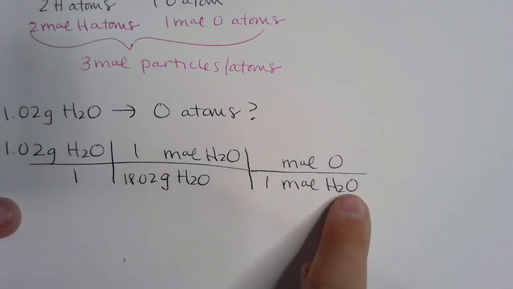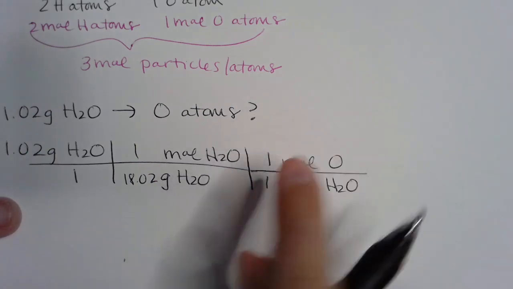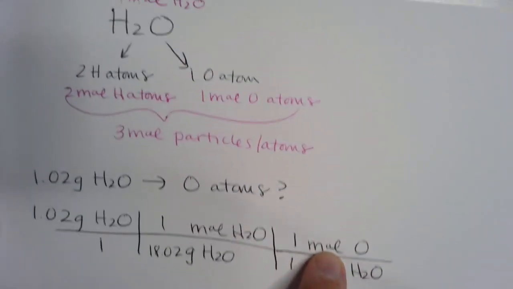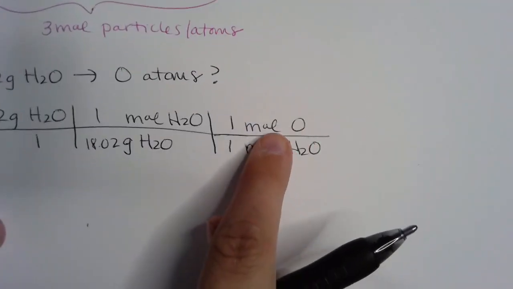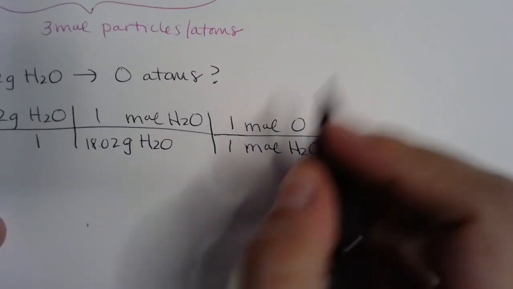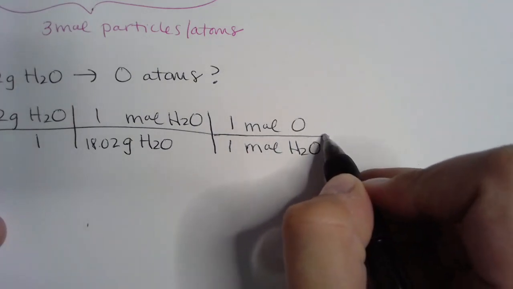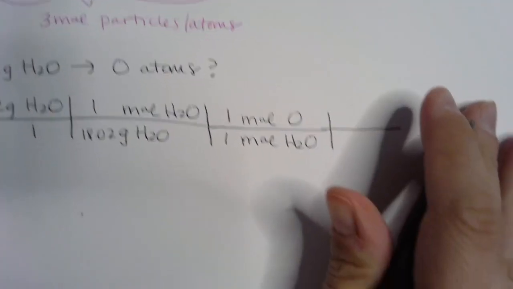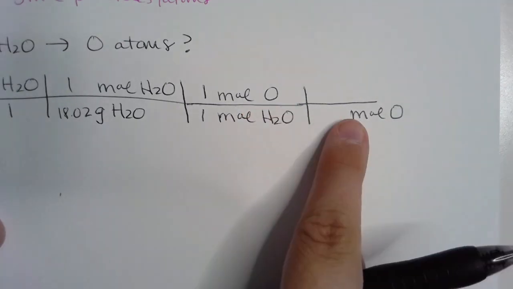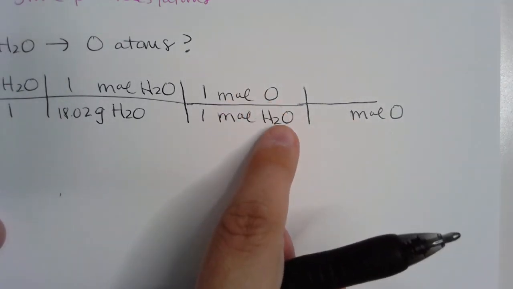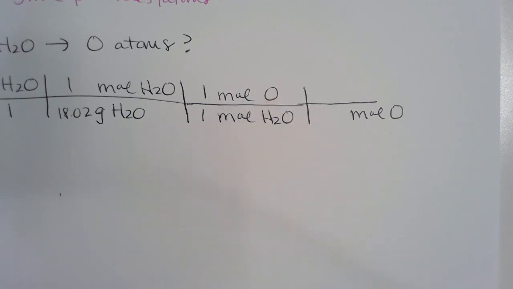1 mole of water contains 1 mole of oxygen. It's a 1-to-1 ratio. Now that I'm in moles of oxygen, which is what I want to work with, I can convert that to atoms. Now notice I always plug the units in first, and here is also where it's important to write the formulas with it, because again, students can get a little confused if they're not there.